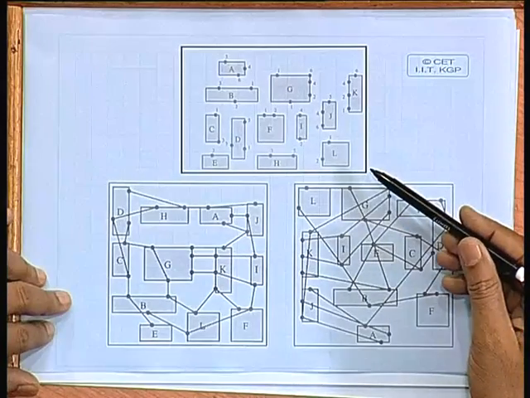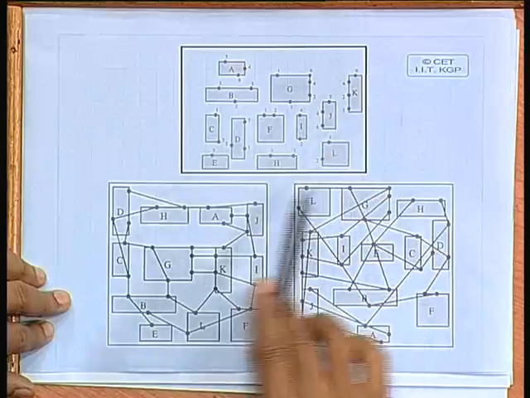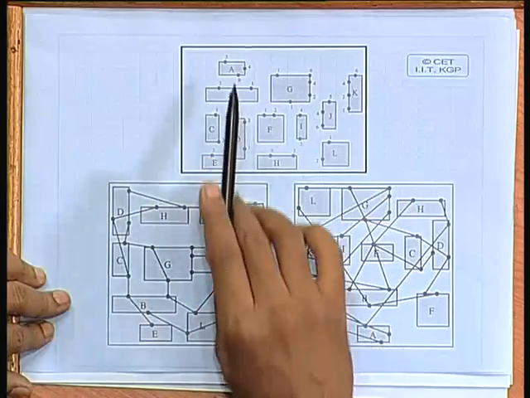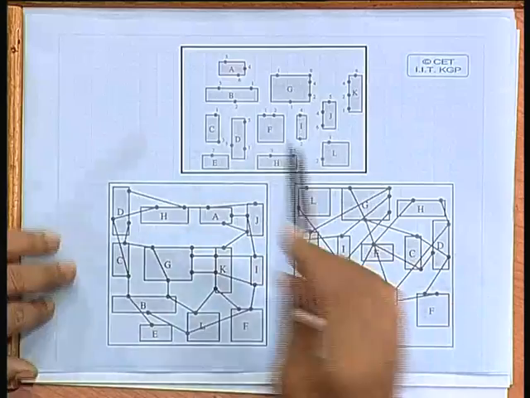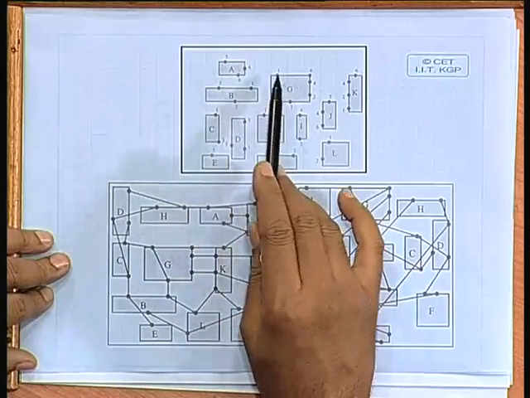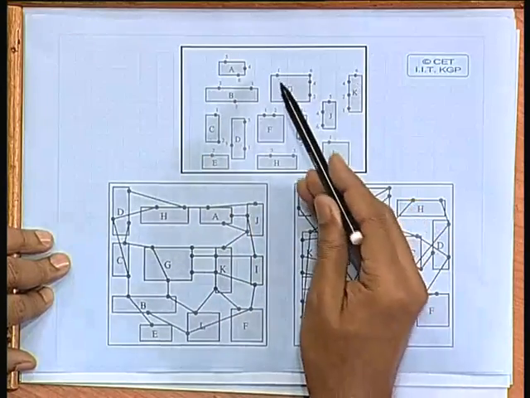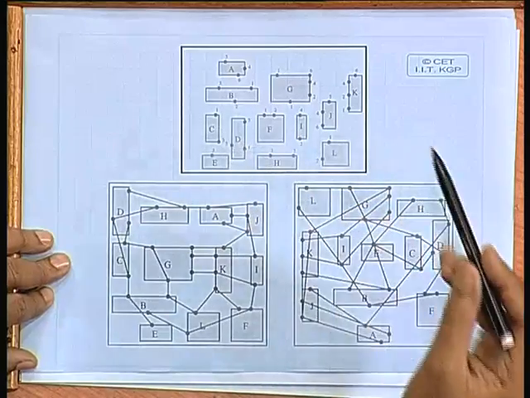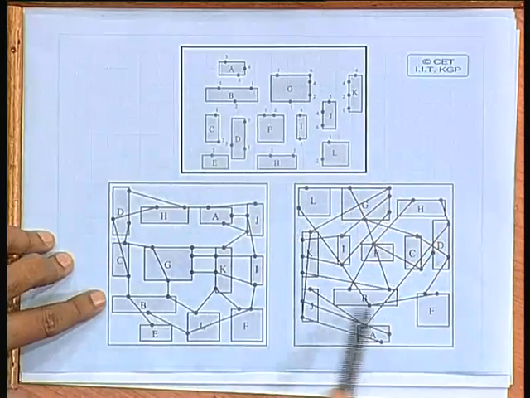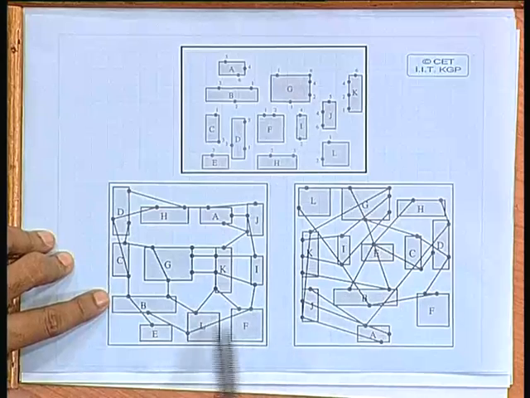Just have a look at this diagram. The top diagram shows some of the blocks which are called A, B, C, D, E, F, G, H, etc., with some points showing the net connection numbers, like 1, 1 and 1, they have to be connected, and so on. Now, you see the two extreme alternatives.